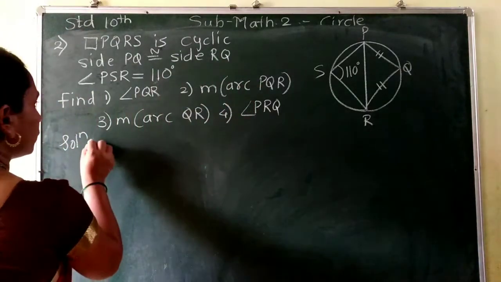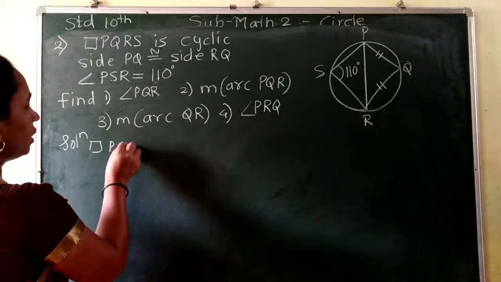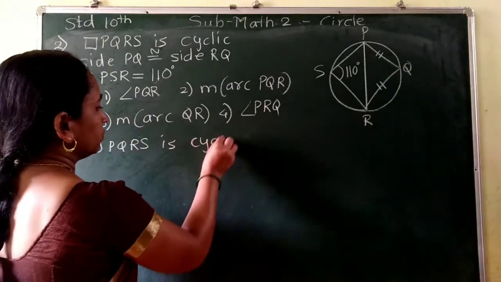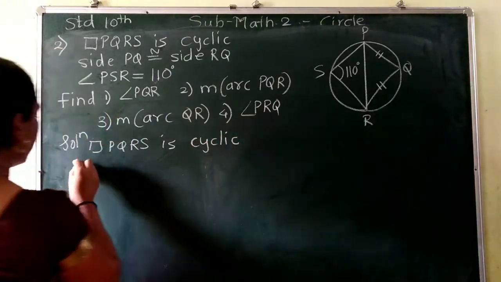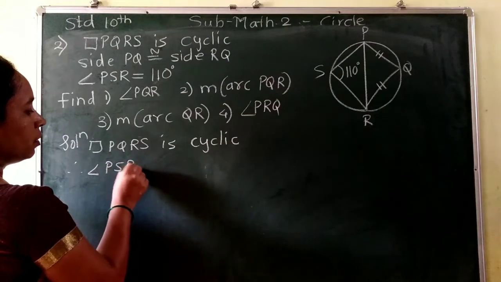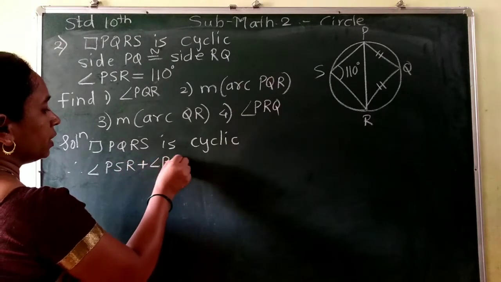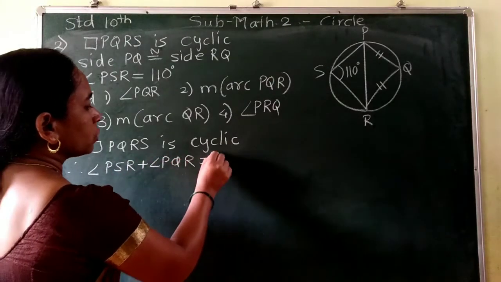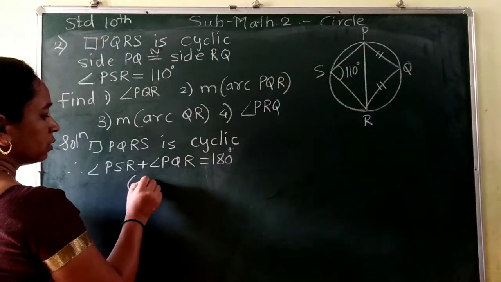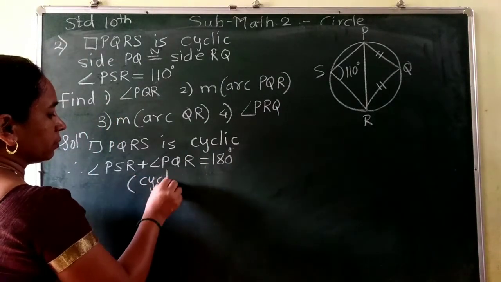So here quadrilateral PQRS is cyclic. Therefore angle PSR plus angle PQR is equal to 180 degrees. Reason: cyclic quadrilateral theorem.